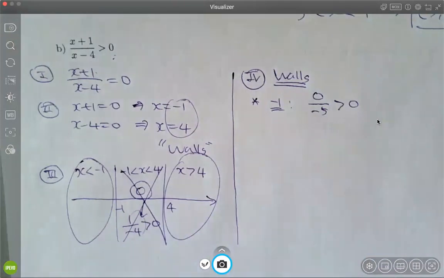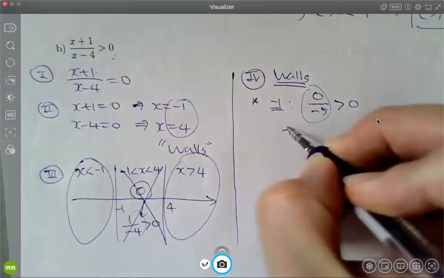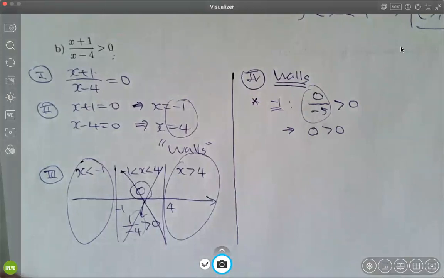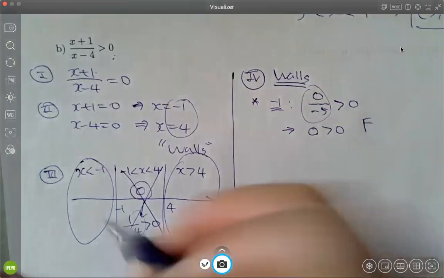And what is 0 over -5? Zero, right? So is 0 greater than 0, true or false? False. 0 is equal to 0, not greater than itself. So -1 is out.